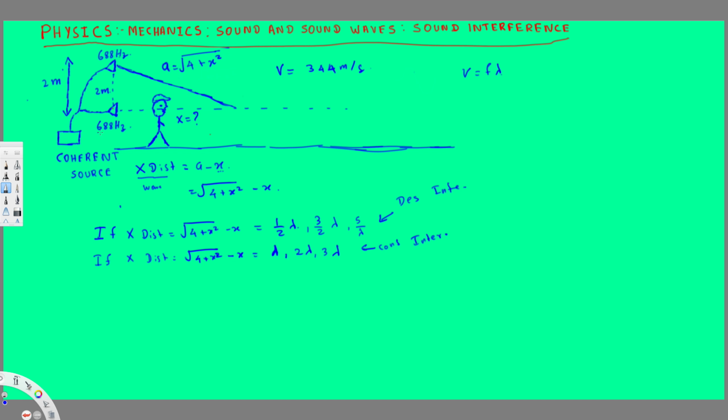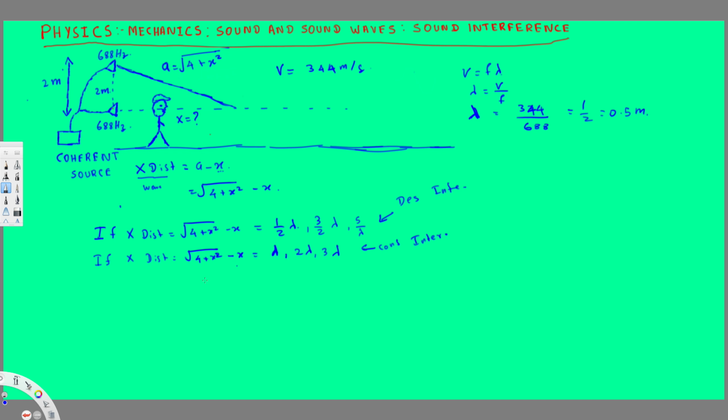They have provided the frequency, so we can find the lambda. Lambda is going to be equal to V over f. So 344 divided by 688, that's 1 over 2, equal to 0.5 meter. So we have the lambda right now, and we can equate this one and find both situations.